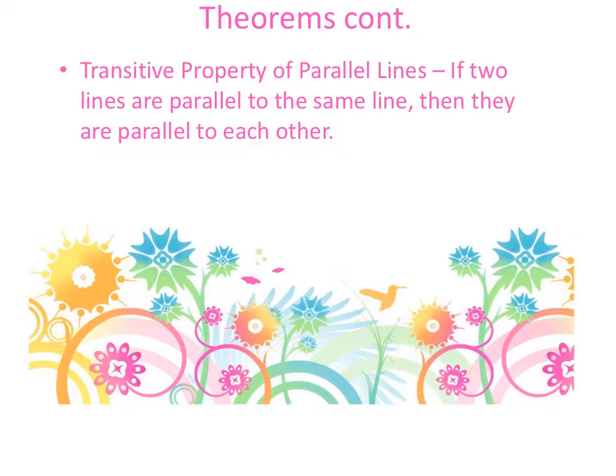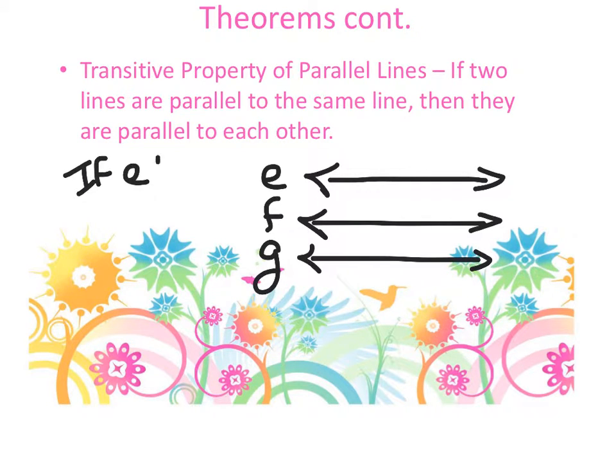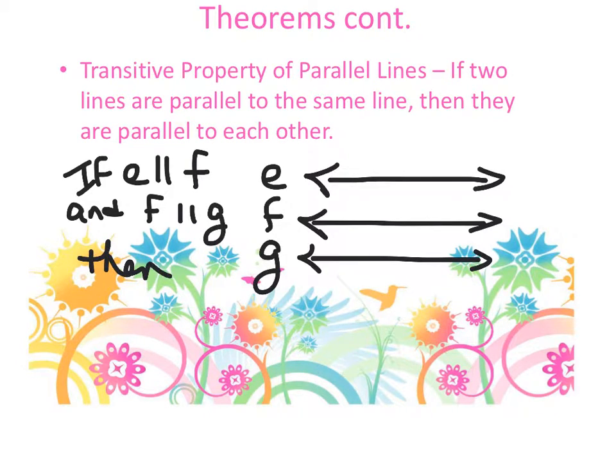So basically what I'm going to have here are 3 lines, and I'll name them E, F, and G. So if I state that if E is parallel to F and F is parallel to G, then just like my transitive property, E is parallel to G. Notice how the two F's here are the same.